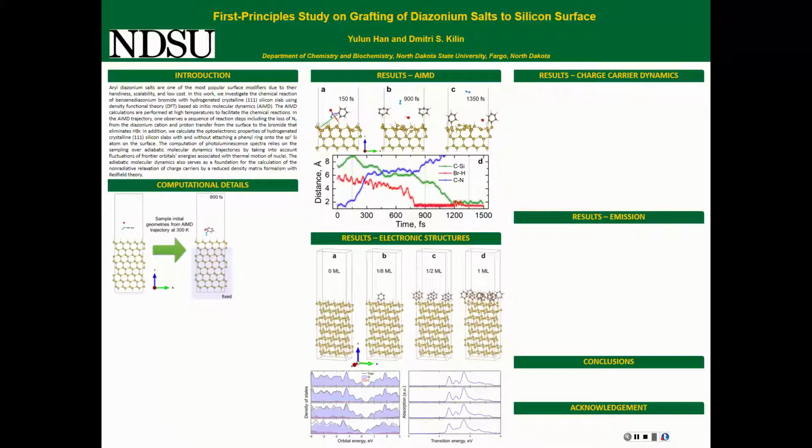So the untreated surface of silicon has the ability to create trap states, which are bad for optics and electronics. And the hydrogen passivation is good for computations and good for vacuum environment.